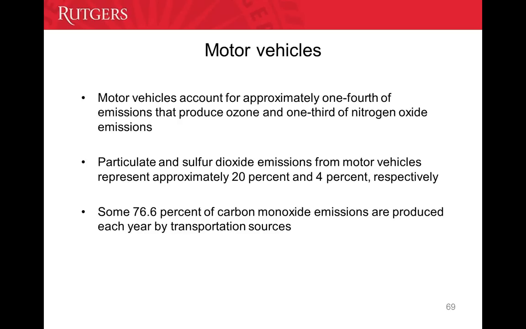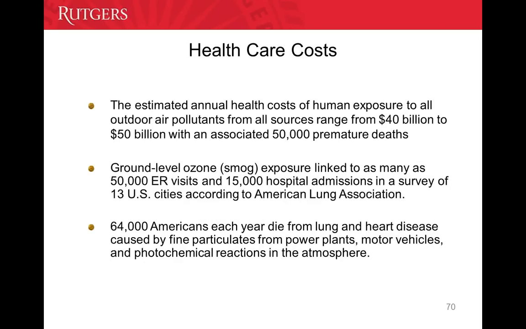And finally, almost 3/4 of the carbon monoxide emissions are produced from transportation sources. If you were hard-pressed to say what's one great way to solve the air pollution problem in the United States or anywhere in the world, the answer, of course, is to reduce the amount of automobile traffic.